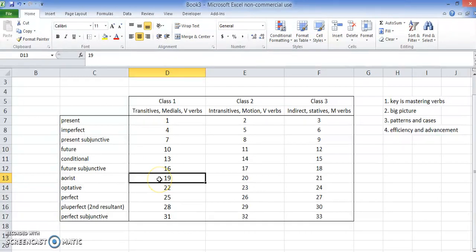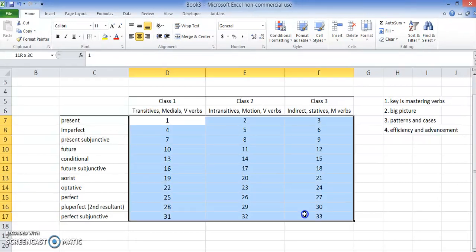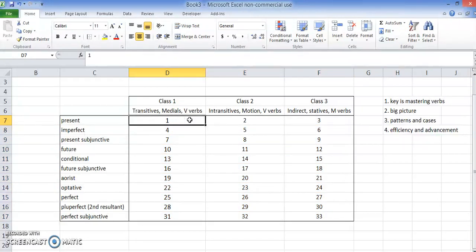In this, you might have 10 or 20 different patterns, and so that's a difficult one. But roughly speaking, this is a way to see that, okay, I've learned class 1 in the present, and now I can move on to class 2 in the present. Once you do that, you get class 3 in the present, and then you've pretty much got most of the patterns for present out of the way, and you're good.